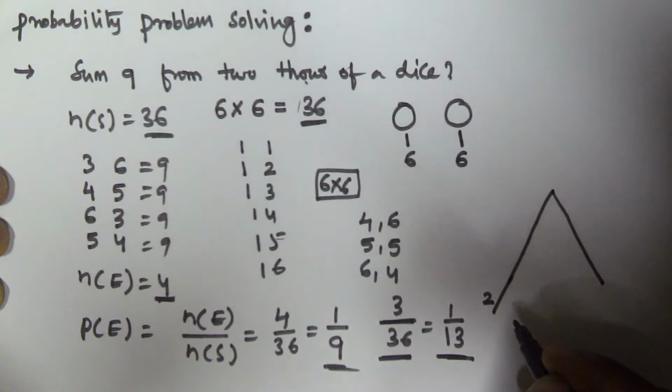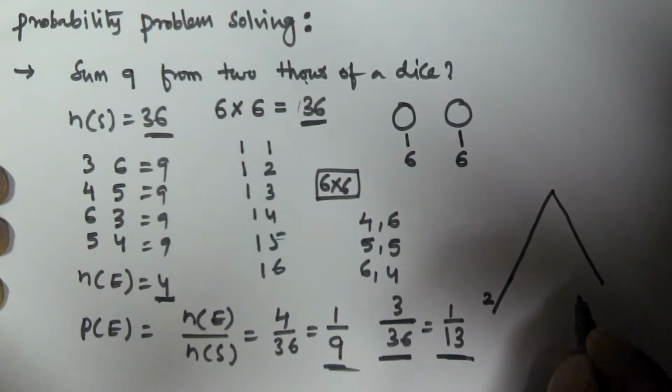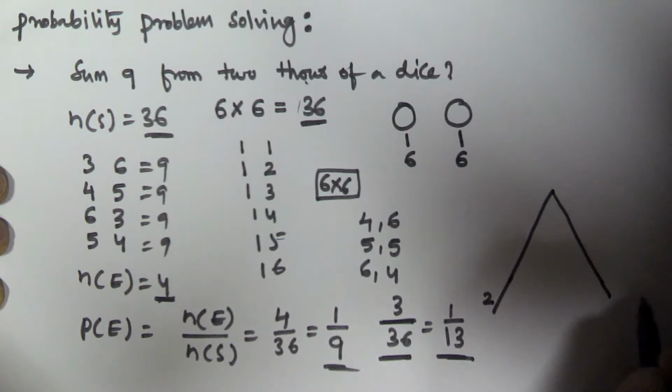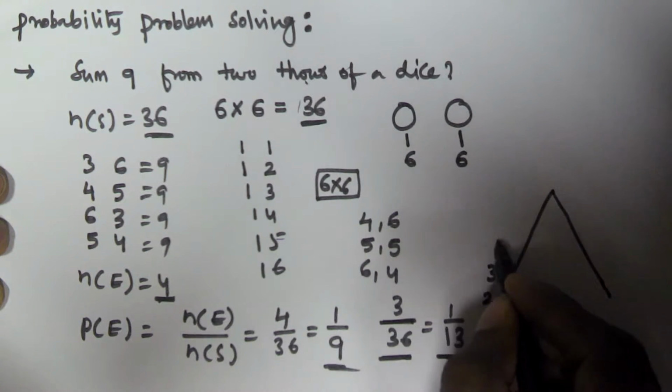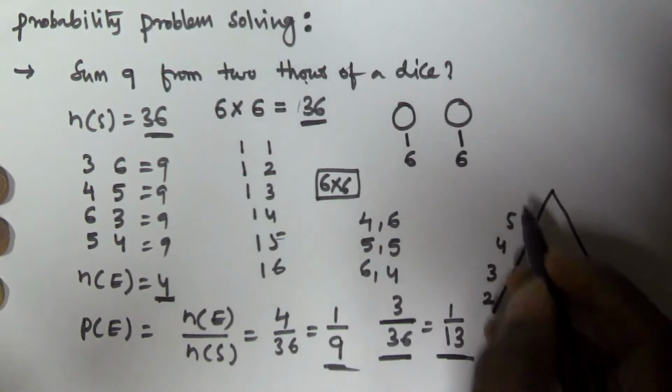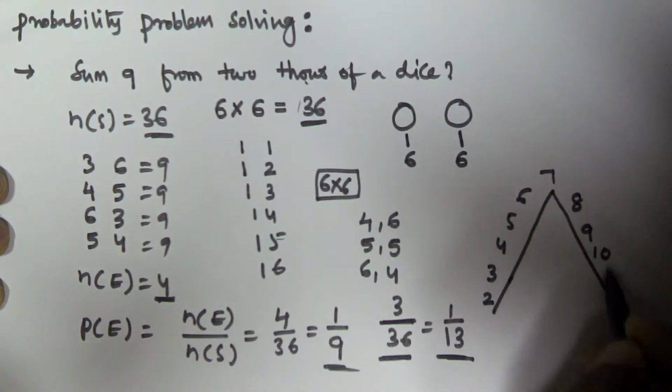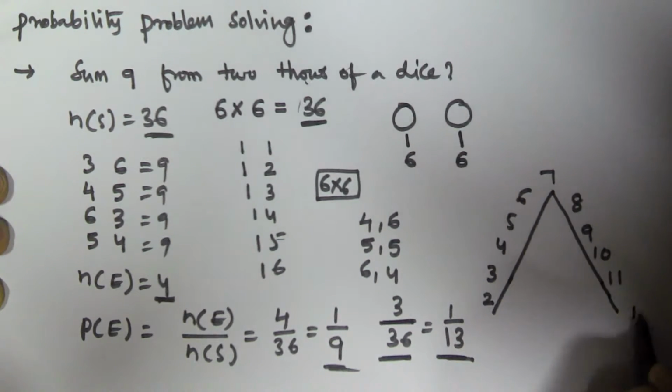Sum 1 is not possible whenever we are throwing dice, but 2 is possible. The minimum is 2 and the maximum is 12. So 2, 3, 4, 5, 6, 7 and 8, 9, 10, 11 and 12.